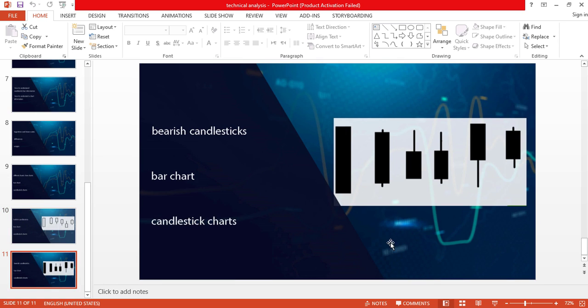Other candles are bearish candles that have different powers. We call the candles in which the prices decrease bearish candles.